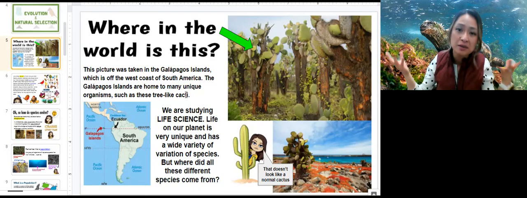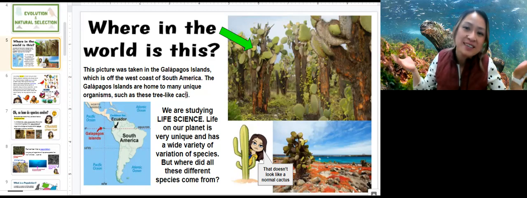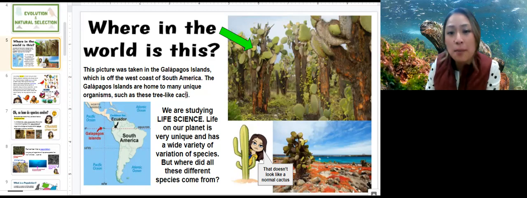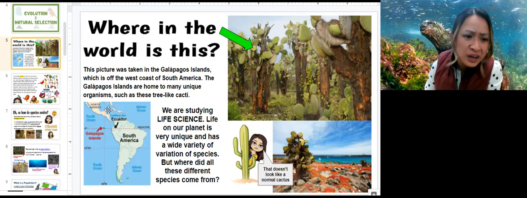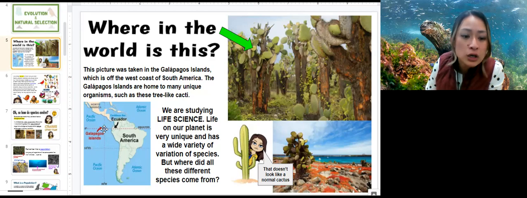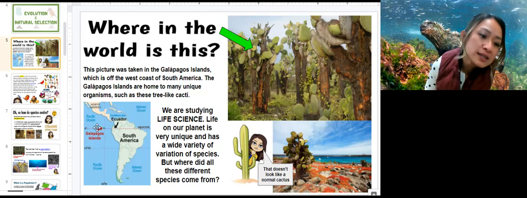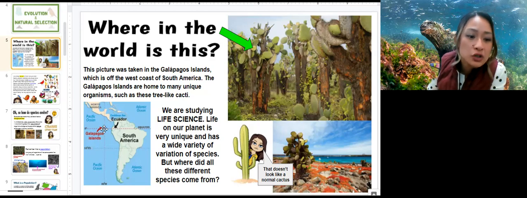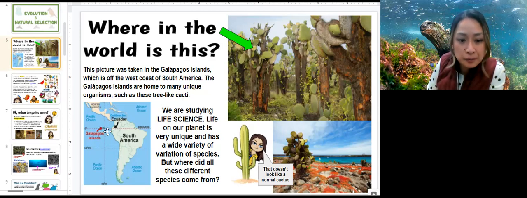And so notice behind me, this is an image of what you might see if you were in the Galapagos Islands. Now, where is that exactly? And so here, notice this map, you've got North America, right? And so if you go to South America, the Northwest region, you have Ecuador. And if you travel a little toward the west into the Pacific Ocean, you have the Galapagos Islands there.